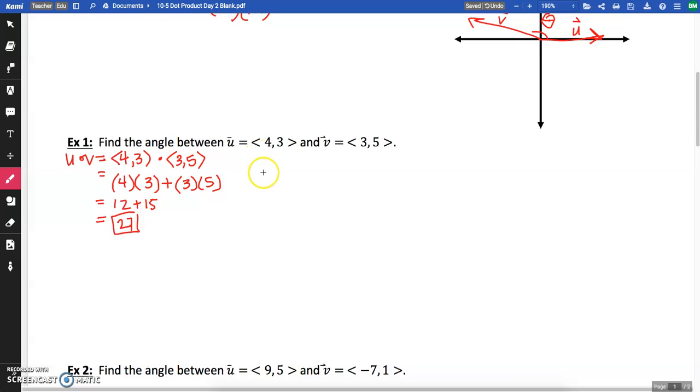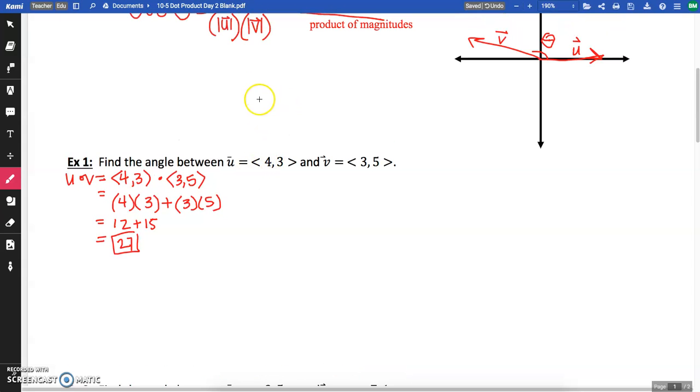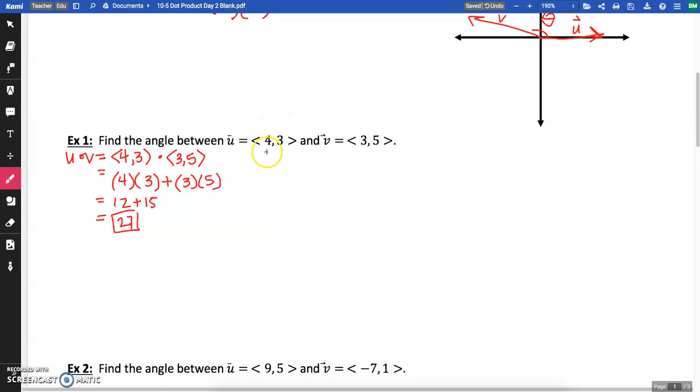We'll pause on that for a moment and come back to it later. We also will need the magnitude of each because that's the bottom of our formula. Thinking back to earlier in the unit, it's like the Pythagorean theorem. So square root of 4 squared plus 3 squared, and that would give us square root of 25, which simplifies to 5.